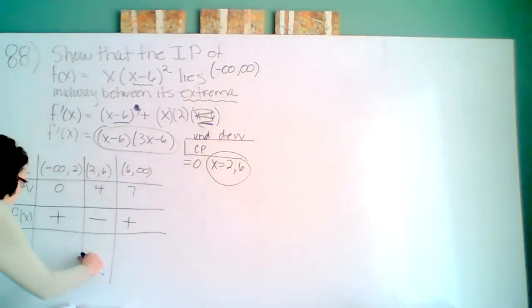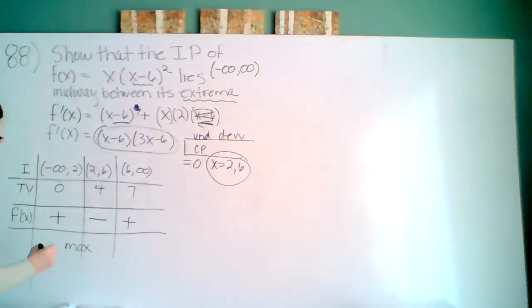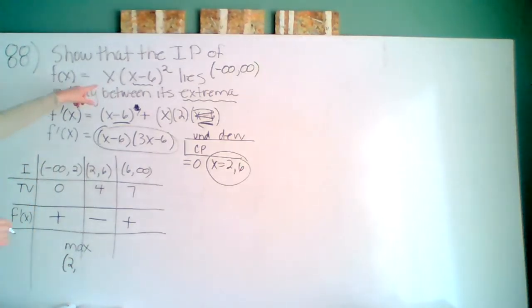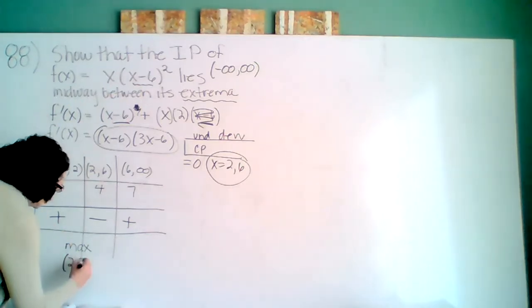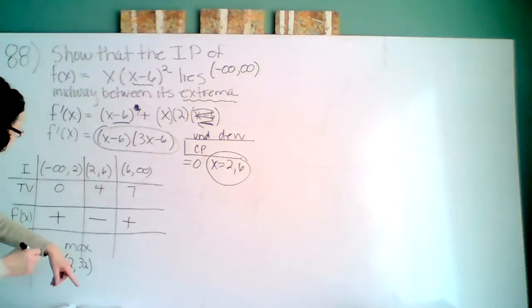There we go. So this is a max located at 2, right? And when I put the 2 in, let's see, 2 minus 6, negative 4 squared is 16 times 2 is 32, right? Because it went up and down, right? And then a minimum.